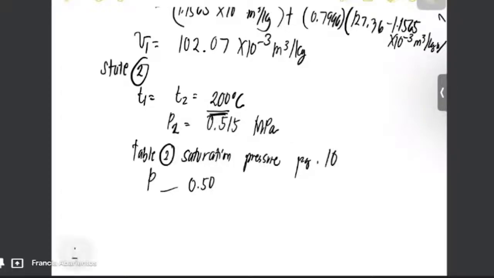Makikita nyo at pressure 0.51 and 0.52. So, nagpo-fall dito yung 515. Ang saturation temperature niya is ilan?